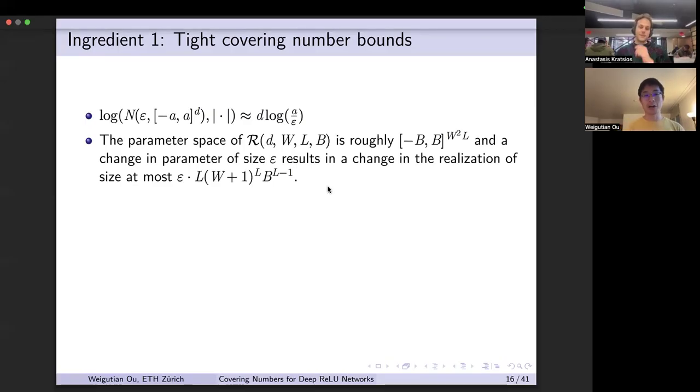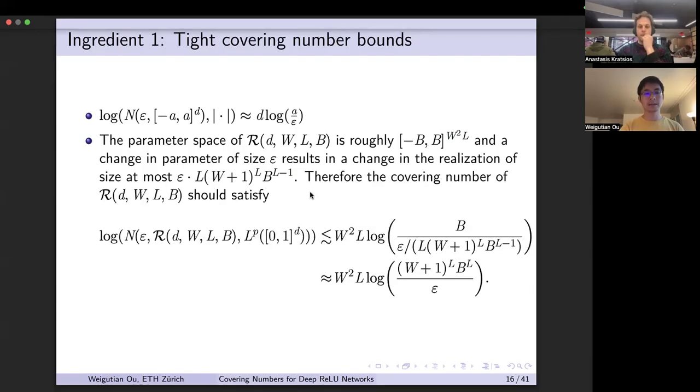And the parameterized space of R(D,W,L,B) also looks like a hypercube because all the weights have to lie between -B and B, and we have W squared L numbers of weights. But there's one more thing. A change of size epsilon in the parameterized space in terms of the L infinity norm will result in epsilon times this constant change in the realization. And therefore, the logarithm of the covering number of the neural network will satisfy this condition.